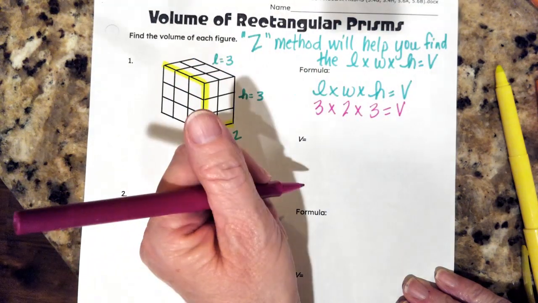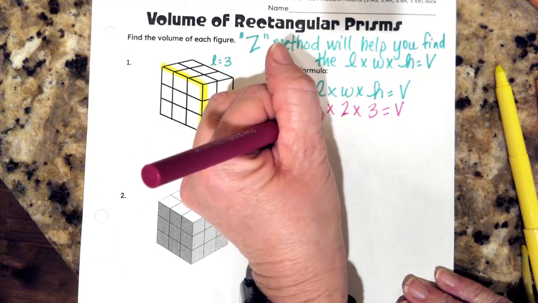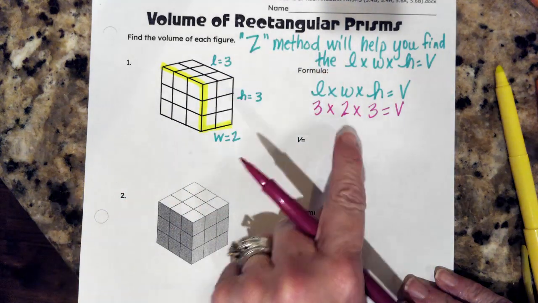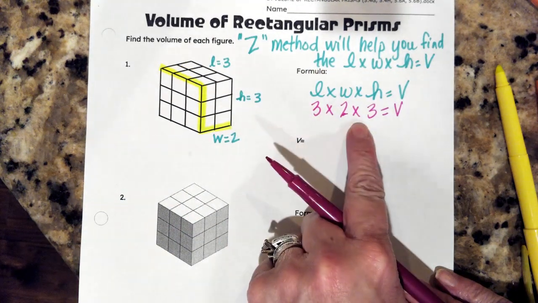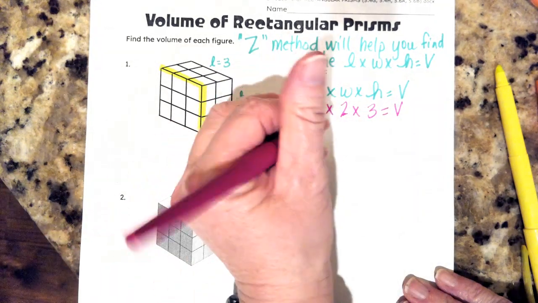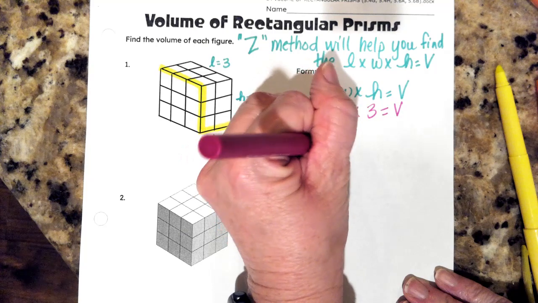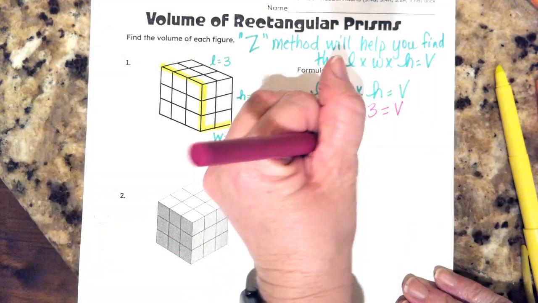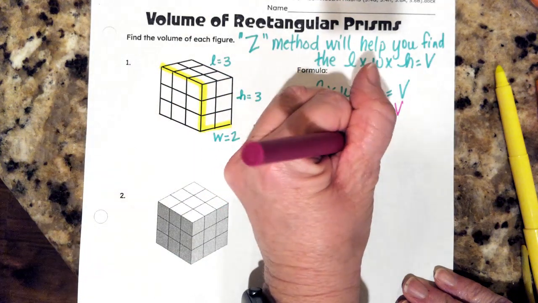That will give me the volume. I can start with 3 times 2 is 6, and 6 times 3 is 18. So the volume is going to be 18 cubic units.